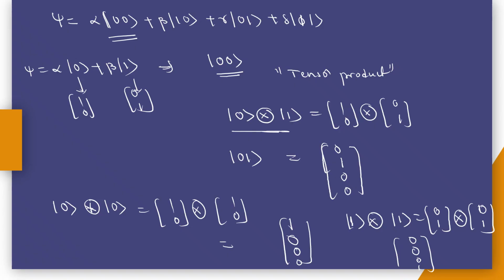So by using this, there is a possibility to represent different combinations: 00, 10, 01, 11.